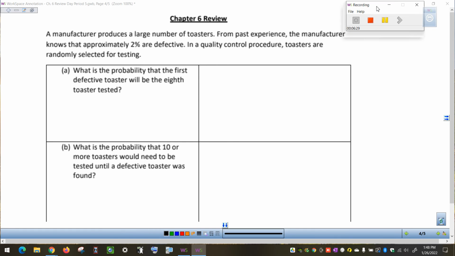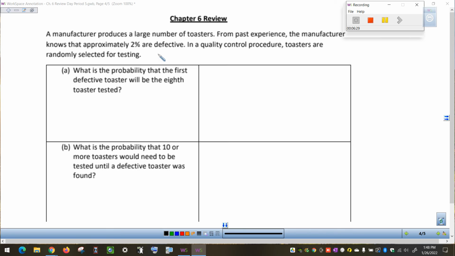All right, so let's take a look at part A. So it says, what is the probability that the first defective toaster is the 8th toaster tested? So this is one of those examples where, when we're defining success, success is not necessarily a positive thing. Like in this case, a success would be a defective toaster.